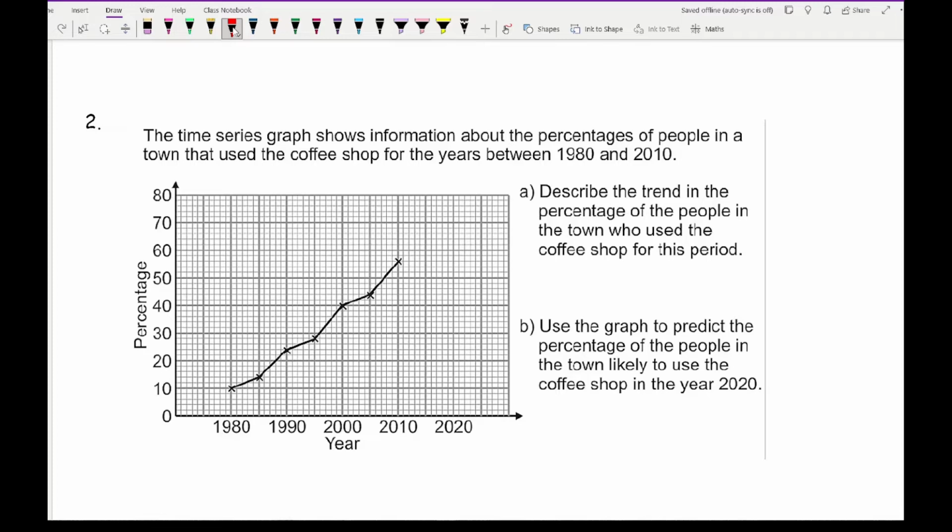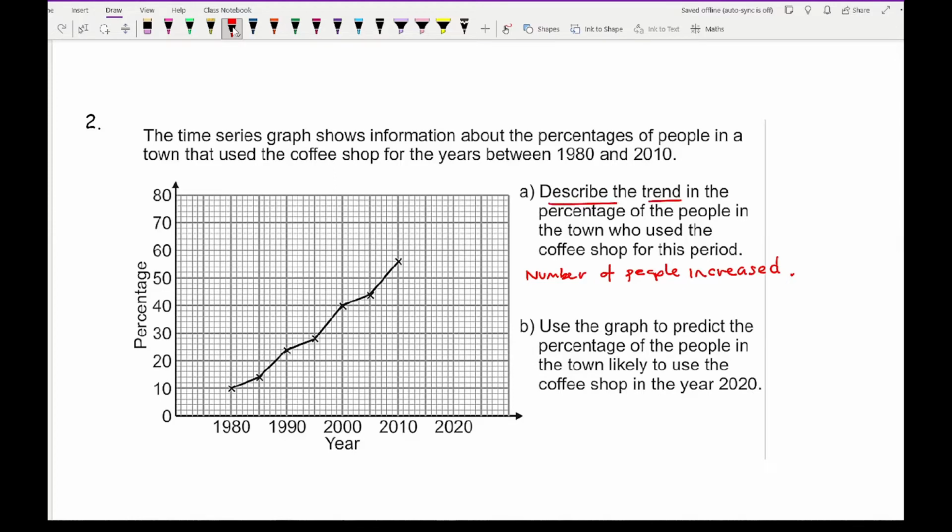So the question says, describe the trend in the percentage of the people in the town who used the coffee shop for this period. And you can see that the number of people increased, and so something along those lines would be absolutely fine, but it's important that you do remember to describe the trend rather than just stating what it is.